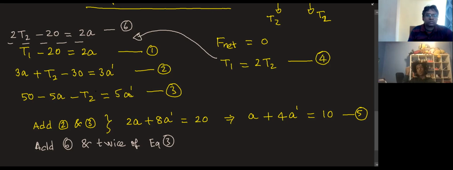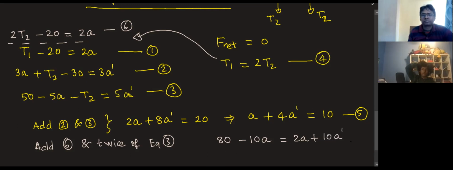So I have minus 20, and this 50 becomes 100, so that's minus 20 plus 100, which is 80. This becomes minus 10a on the left. On the right-hand side I get 2a plus 10a prime. Are you with me so far?